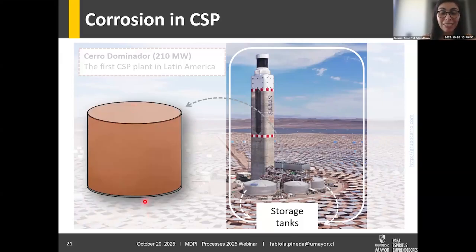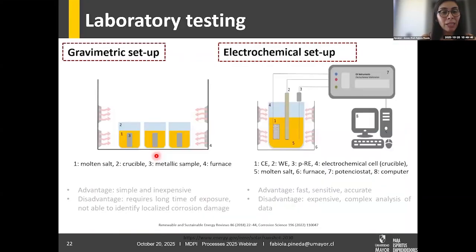They corroded. And this is a big problem we have because in these plants, we have some fractures related to corrosion. And we cannot do any measurements on the plants, so we have to simulate these conditions in the laboratory through some gravimetric or electrochemical setup.